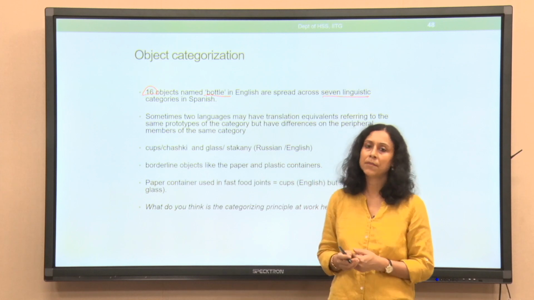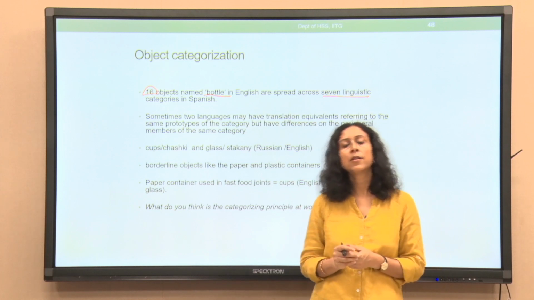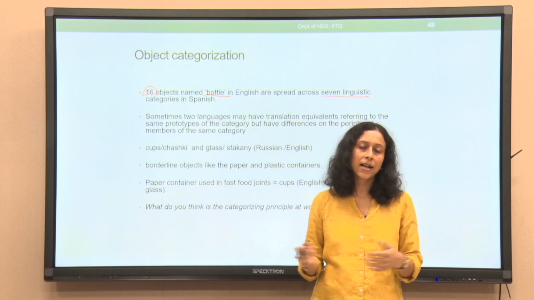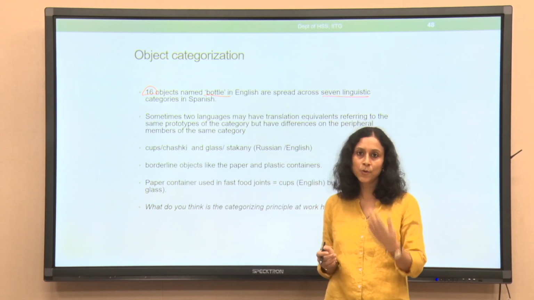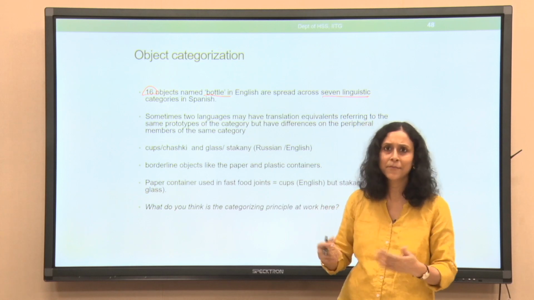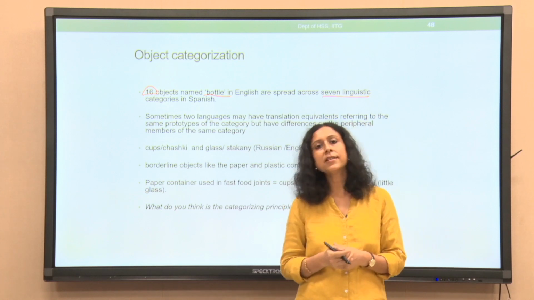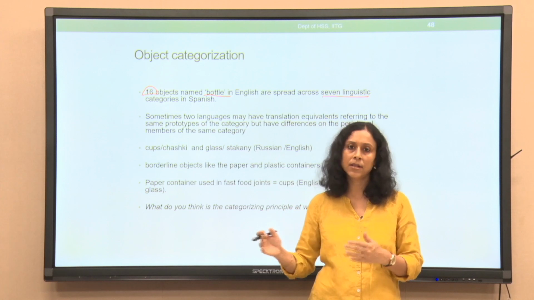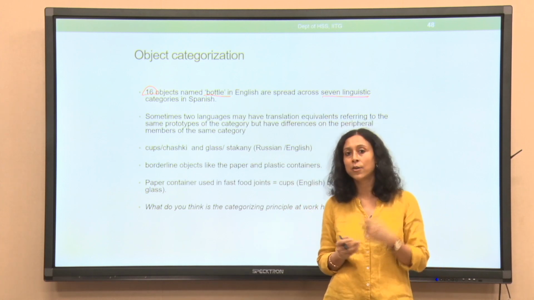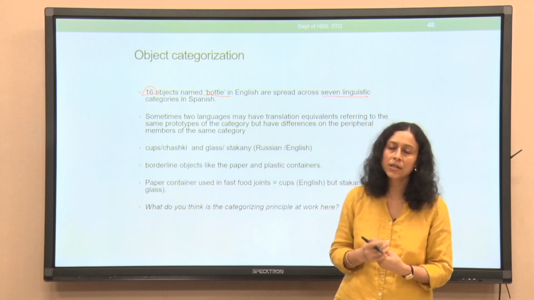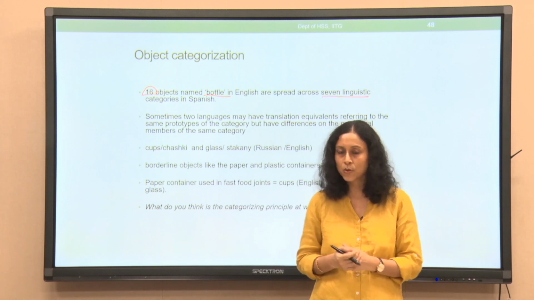Even in Hindi, for example, you have different words for things that would largely come under bottle. There is shishi, there is bottle, there are many such categories. So, languages differ in terms of how they segment, what objects are grouped together to be called by one name, what objects are distinguished on the basis of what, and so on.